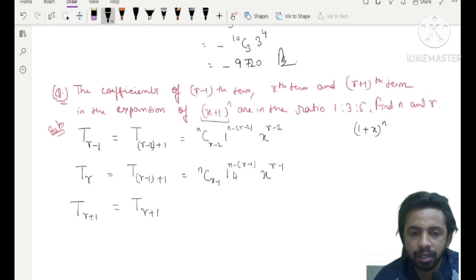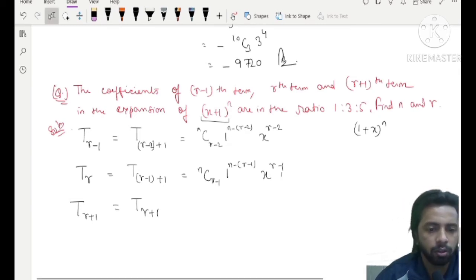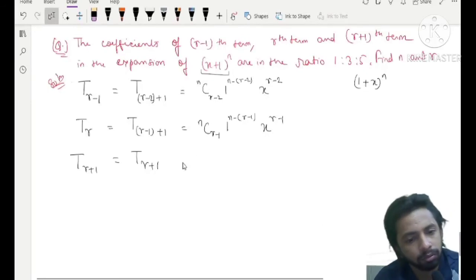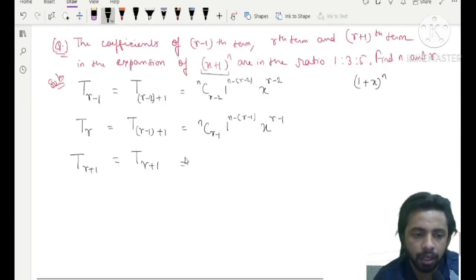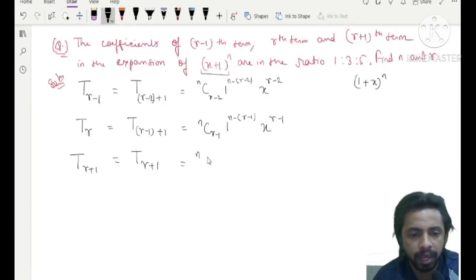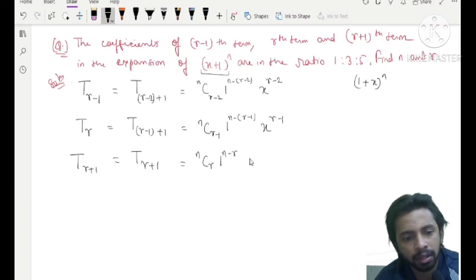Uselessly I am writing the power of 1, because 1 to the power any finite number will be 1 only. So tr plus 1 will be ncr, 1 to the power n minus r, and x to the power r.